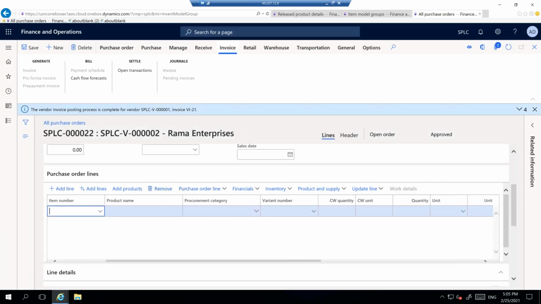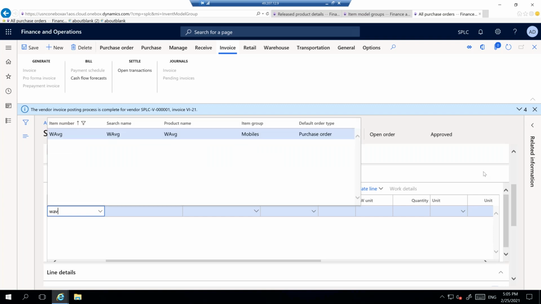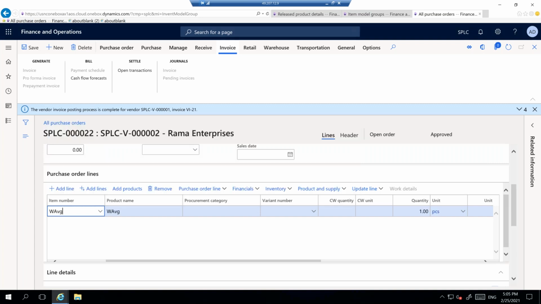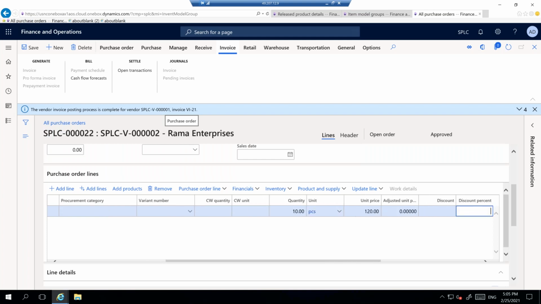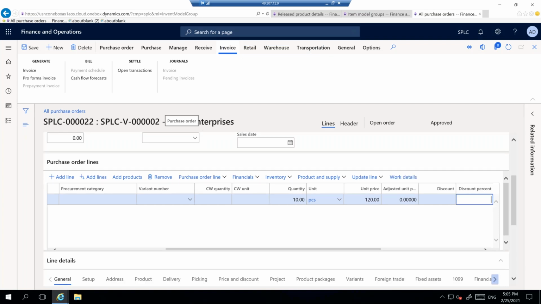Now the same weighted average item, 10 quantity. Today the cost price is increased. It was updated to 120 now. The price may be increased or decreased. Am I right?